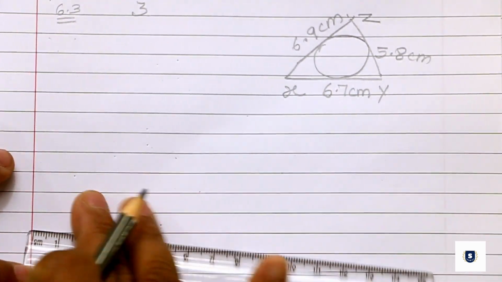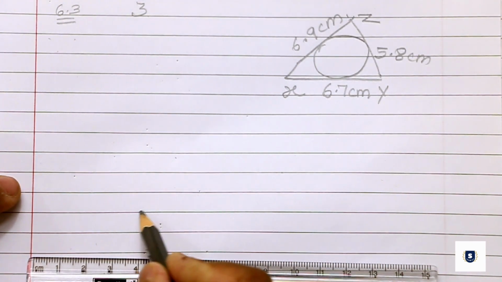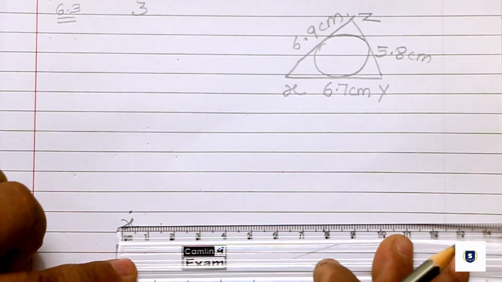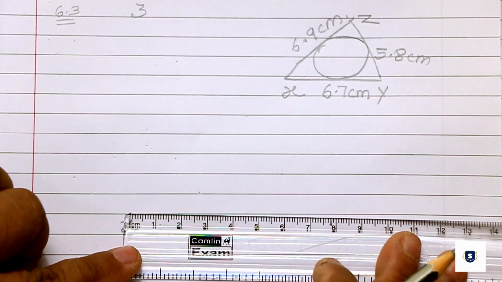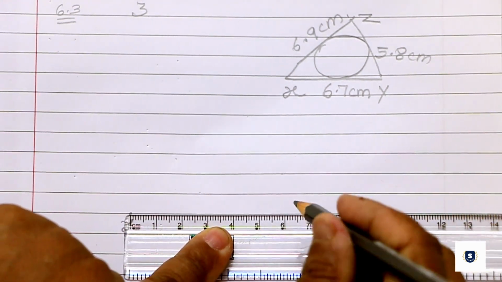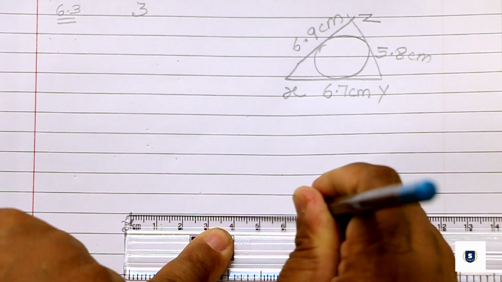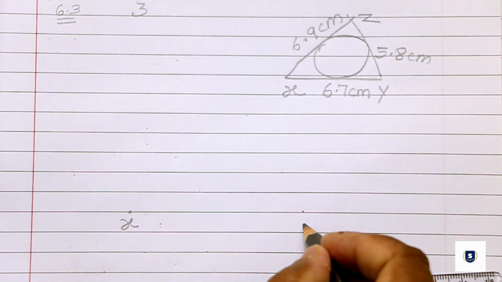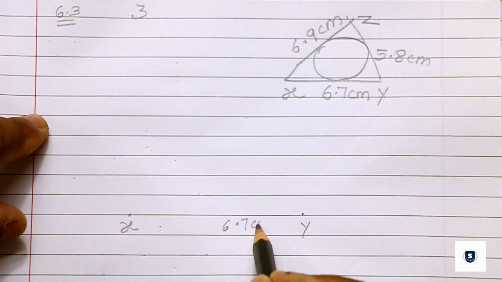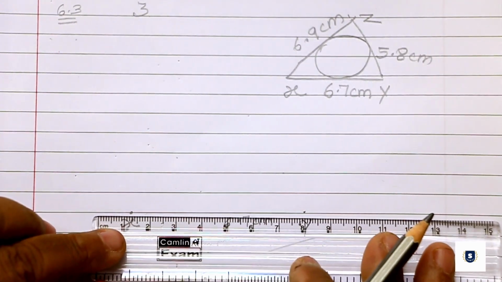Let us first mark the points, children. On this line, first I will mark X, and 6.7 at this point. It is Y, 6.7 centimeter. Draw the line.